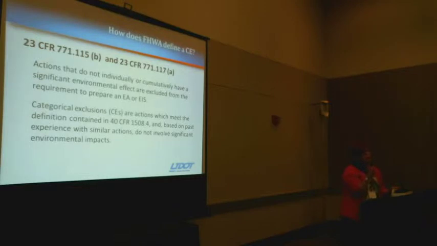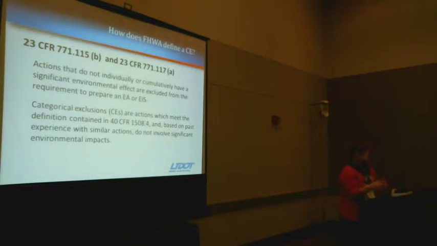And if you notice in the regulation, what it says is a CE is a project that does not have significant impacts, that does not have impacts to, for example, cultural resources, historic properties. So it defines it as basically what it's not. And you also notice it doesn't say that it's excluded from NEPA.